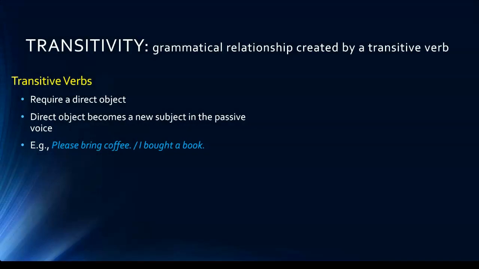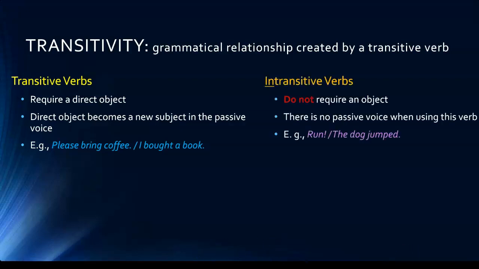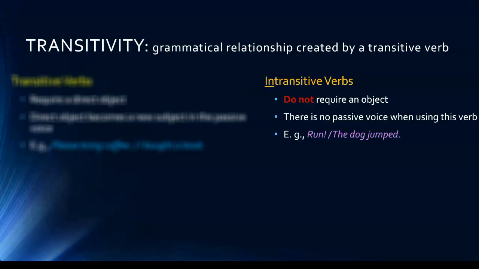So the linguistic dictionary meaning of these verbs requires that they be followed by an object in order for a sentence to be complete. On the other hand, intransitive verbs don't require an object, and therefore we can't make a passive voice with them.